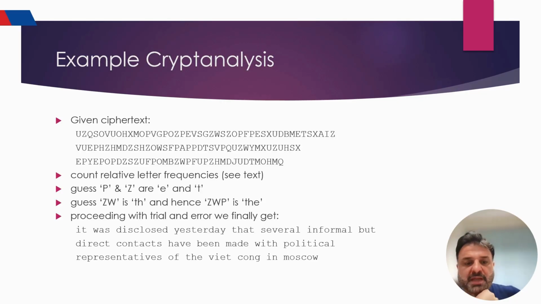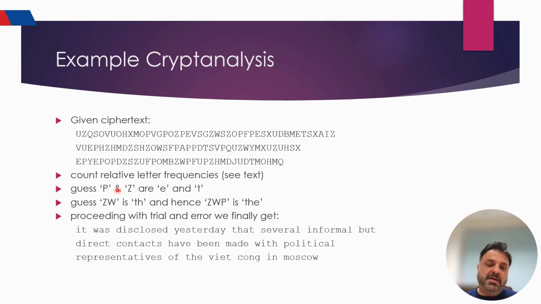So let's start to cryptanalyze this ciphertext. We have an example of this ciphertext. You can see it's very weird and we cannot read anything here. So we can count each of the characters and compare with the occurrence table in the last slide.